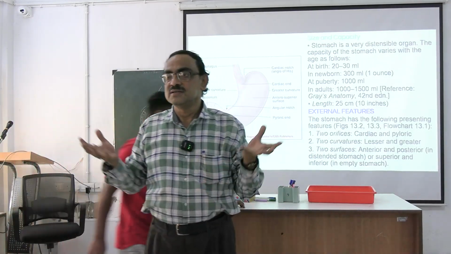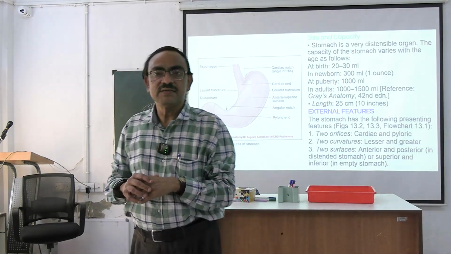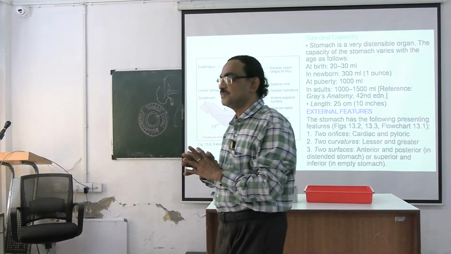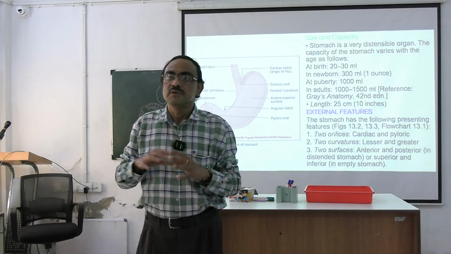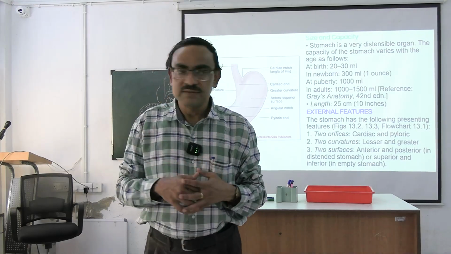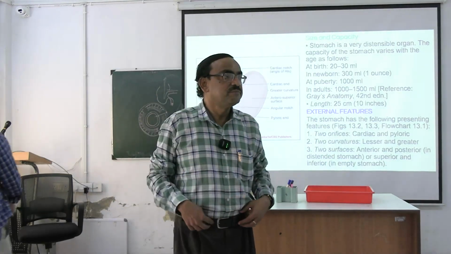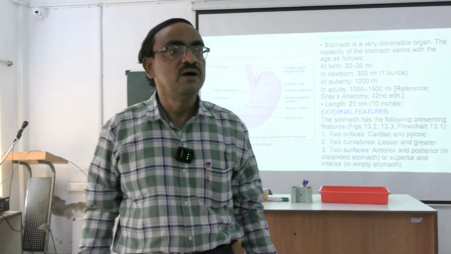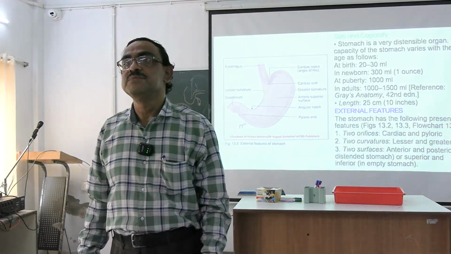That means it has got the oxyntic cells or parietal cells, and also the zymogen cells or peptic cells, which give rise to the secretion. One is the hydrochloric acid from the oxyntic cells, and the next one is from the peptic cell or zymogen cell, that is the pepsinogen, which after activation becomes the pepsin.